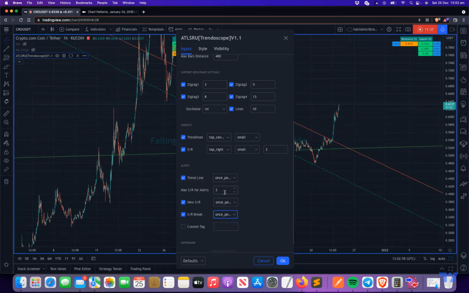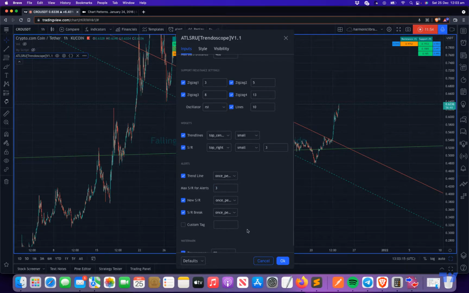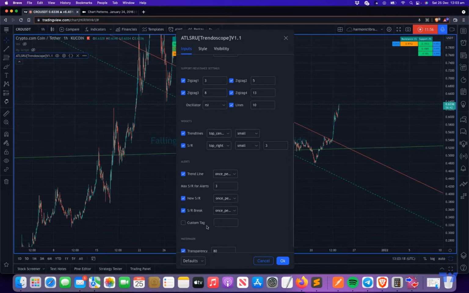Max SR alerts is like, whenever a support resistance is broken, it will also send the nearest support and resistance levels. So this number will give you up to the last three support levels and last three resistance levels.